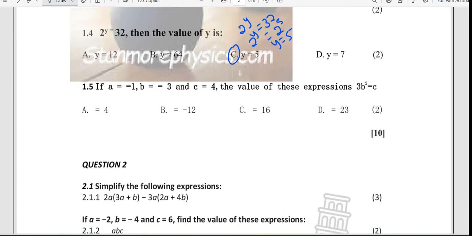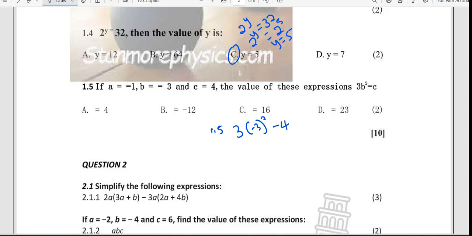1.5, if A equals -1, B equals -3 and C is 4, the value of this expression is. Here we're going to substitute. Where there is B, I'm going to put -3 squared, minus 4 because C is 4.